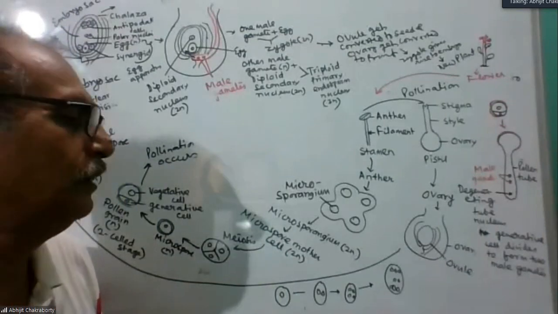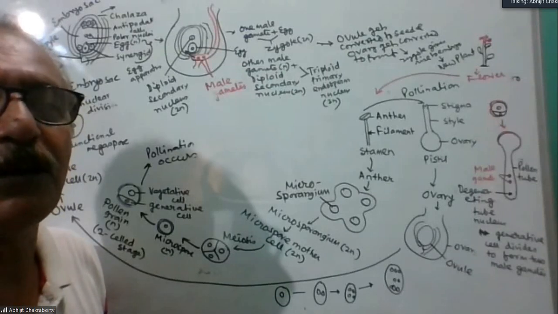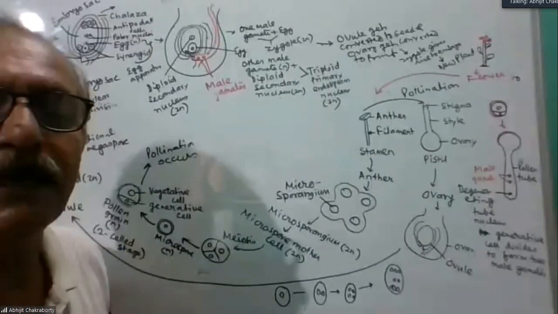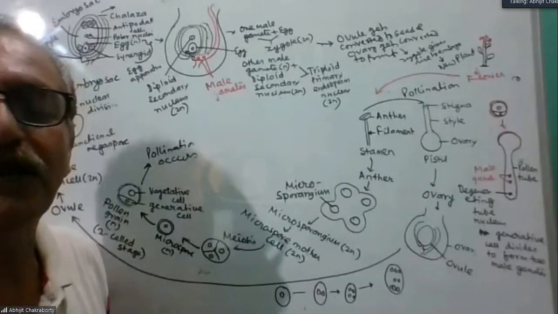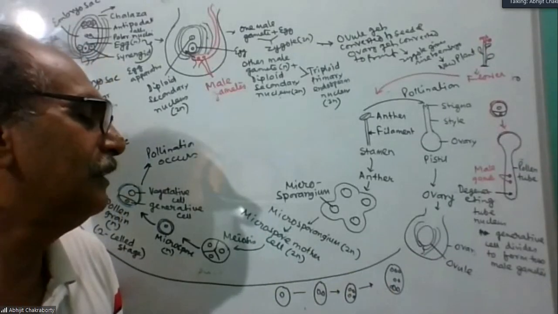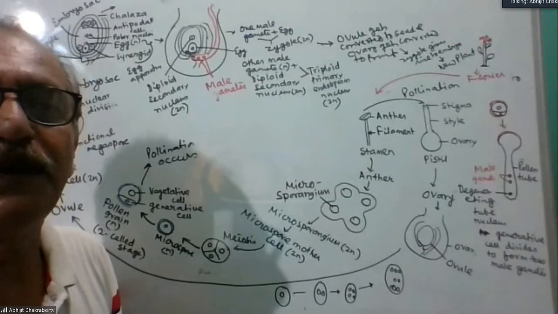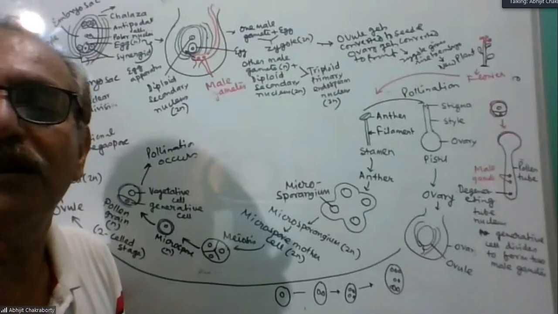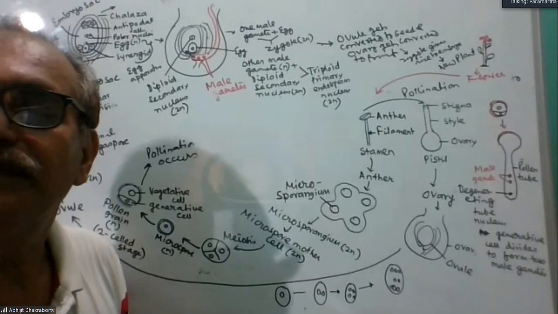But if karyokinesis occurs and is not followed by cytokinesis, a binuclear cell will be formed. The cell number remains the same, but the number of nuclei increases. Such a division is called free nuclear division, where the nucleus divides but the cytoplasm doesn't.